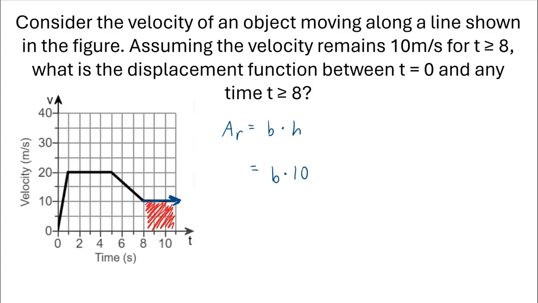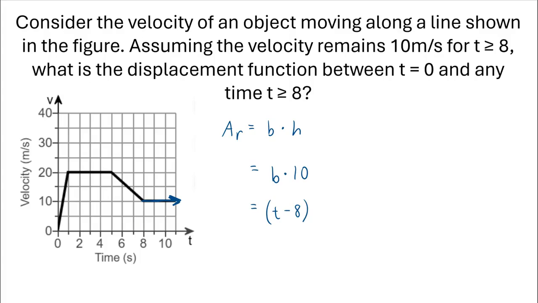For this shaded area, the base has a length of 3 because 11 minus 8 is 3. For this shaded region, the base would be a length of 2 because 10 minus 8 is 2. And for this one, the length of the base would be 1 because 9 minus 8 is 1.